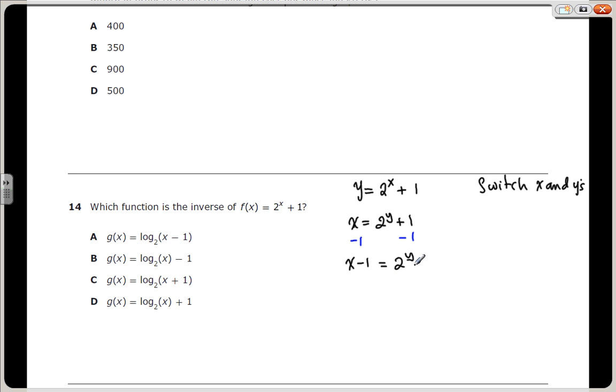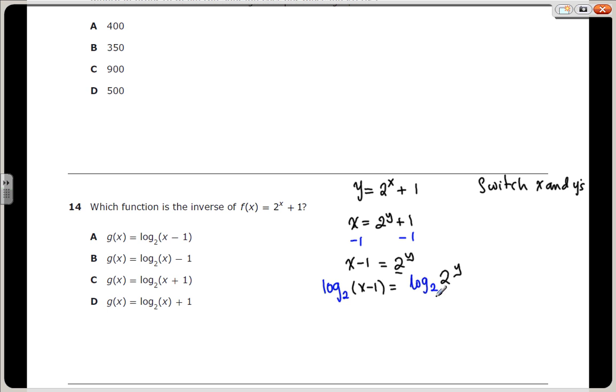Alright, so to get rid of this exponent right here, I'm going to use the opposite of exponent, which is log. Since we have a 2 right here, that's going to be the base of my logarithm. So on the left side, I'm going to have log base 2 of the quantity x minus 1 equals log base 2 of 2 to the y.